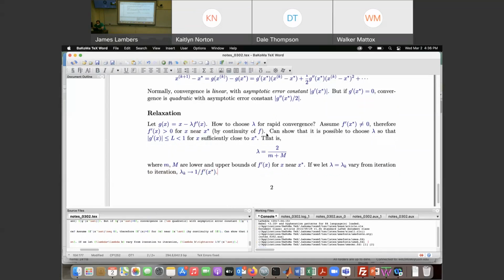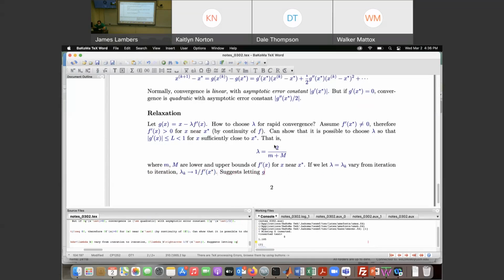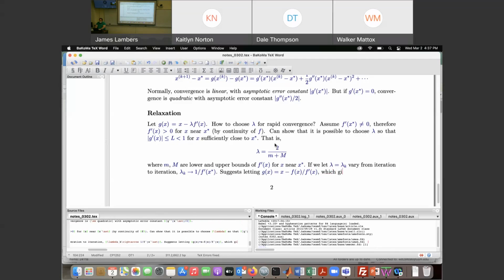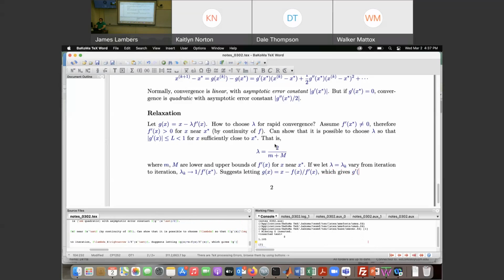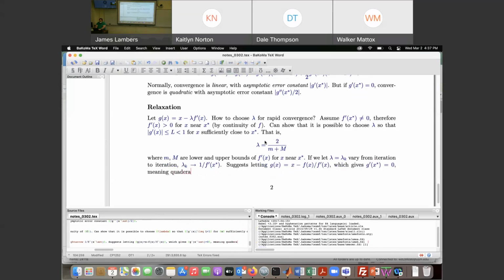So what this suggests is letting g of x be x minus f of x over f prime of x. And if you do that, g prime at the root turns out to be 0. And from what I showed you earlier, the Taylor expansion of g, that's quadratic convergence. And this is Newton's method.